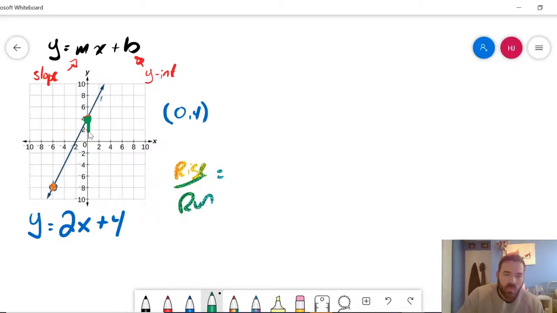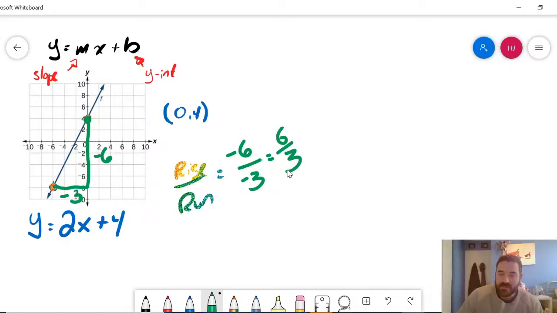My rise is going to be 1, 2, 3, 4, 5, 6 down. So my rise is going to be negative 6. And my run is going to be 1, 2, 3 to the left. And because it's to the left, it's a negative 3. So my slope is negative 6 over negative 3. Whenever I have a negative divided by a negative, I know that's a positive, so I can make the whole fraction positive. And then when I reduce it, I get 2 over 1 again, which is just 2. So I get the exact same result. It doesn't really matter which way I get there.